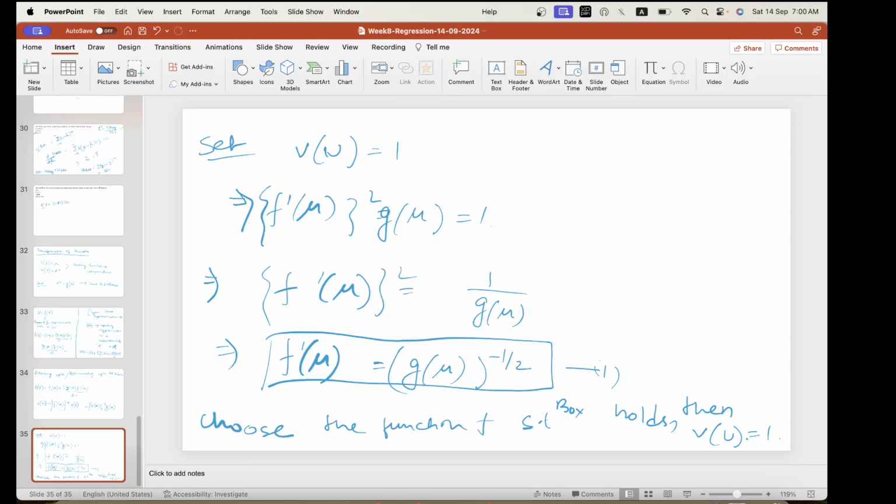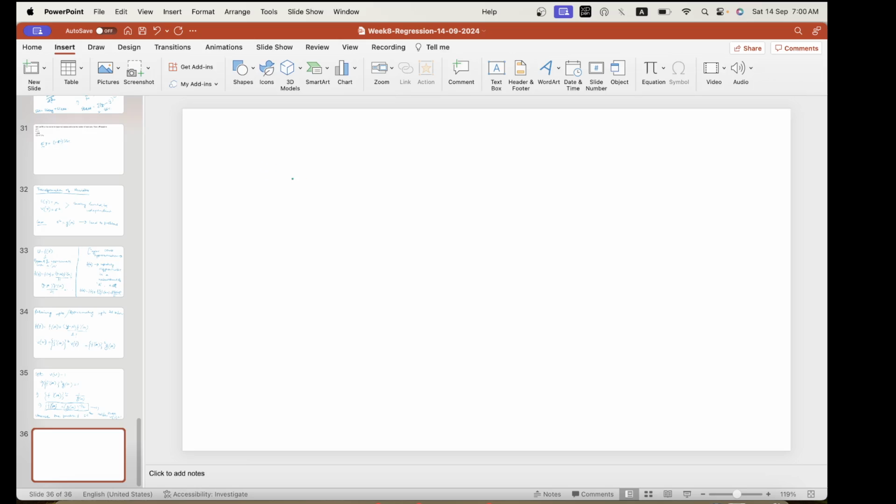Okay, and as a special case we have seen a few cases. All right, so if sigma square is equal to a constant, then we don't need any transformation, because that actually conforms to the assumptions of homoscedasticity.